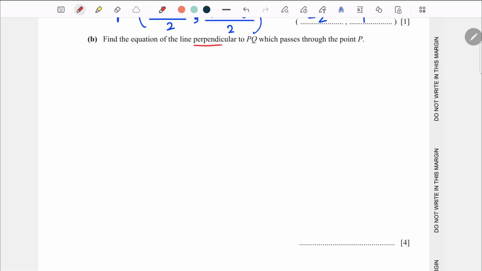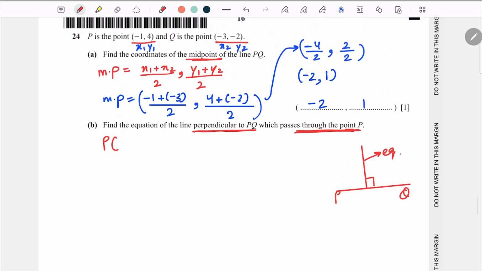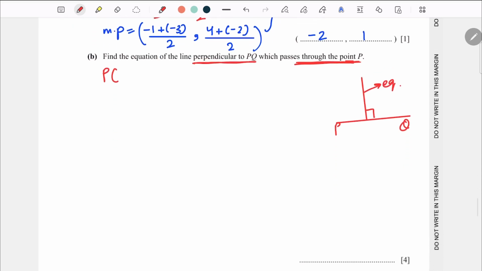Equation of the line perpendicular to PQ which passes through the point P. So the line perpendicular to PQ would be this line. If this is PQ, then this line is the perpendicular line. We have to find its equation. Now the question is stating that it is passing through the point P. So the point that it passes through is P, which is -1 and 4.